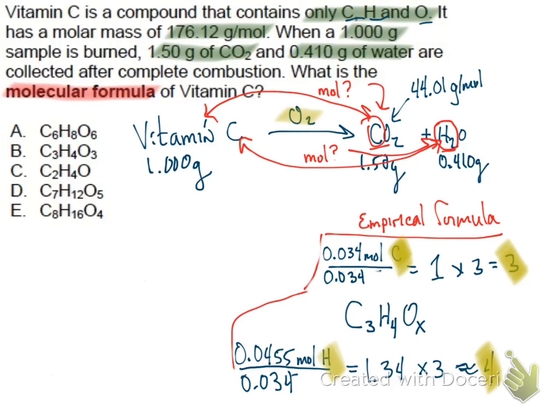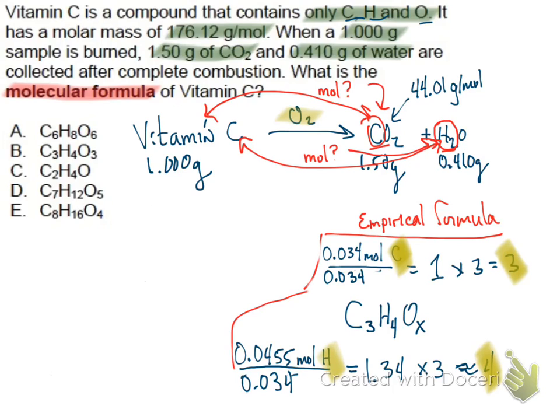So, what to do now? We need to revisit this idea of the burning process. We already know that all the carbon that's present and all the hydrogen that's present came from the vitamin C. So, let's figure out how much carbon and how much hydrogen there really was.